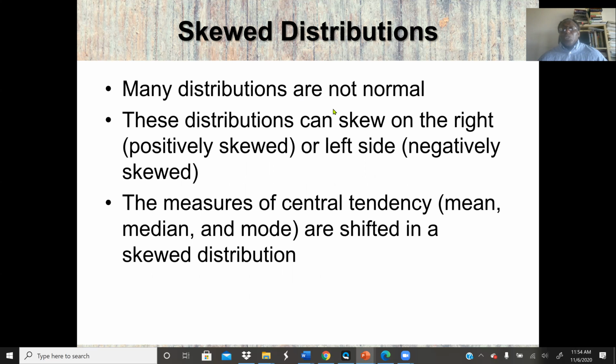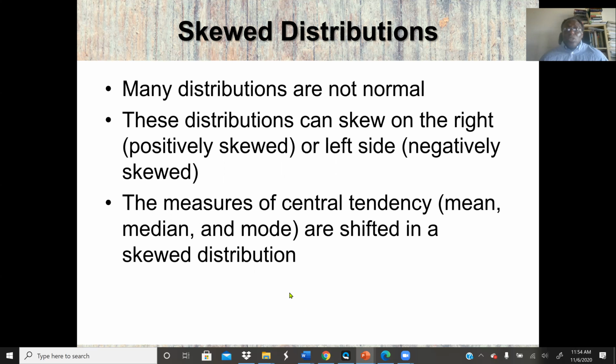So many distributions are not normal. These distributions are skewed on the right, which is positive skew, or on the left side, which is negative skew. The measures of central tendency, which are the mean, median, and mode, are shifted in a skewed distribution. Negative skew is when the median is greater than the mean.